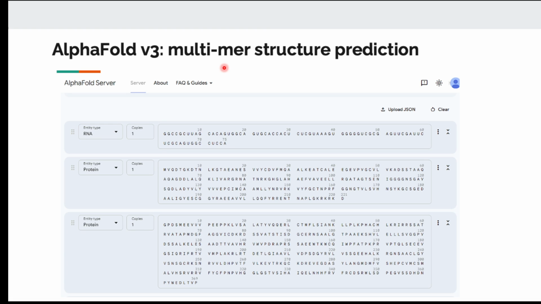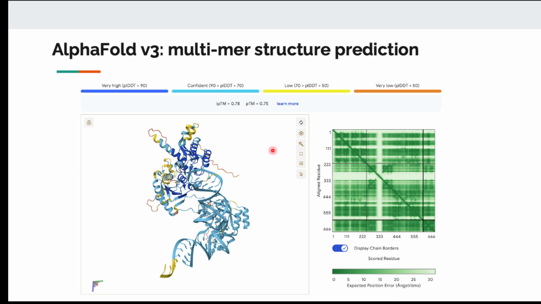So nowadays, with AlphaFold version 3, you can sign up with your Gmail, and you can add your nucleotide sequence or protein sequence. You can even add more than one protein, and they will optimize the 3D structure for you. So AlphaFold will be able to give you the confidence score for each region.